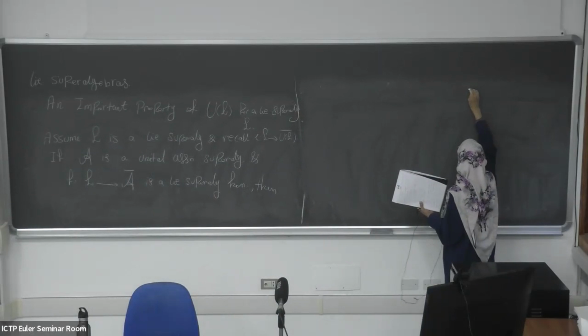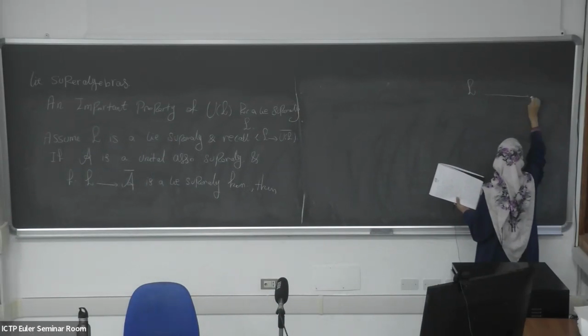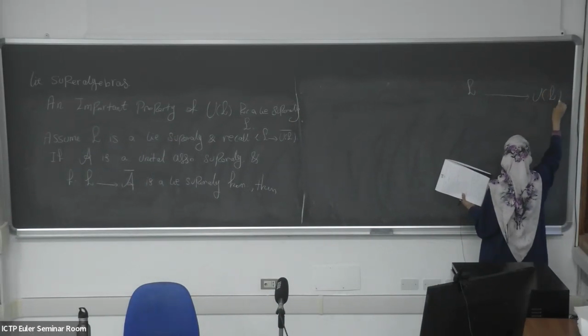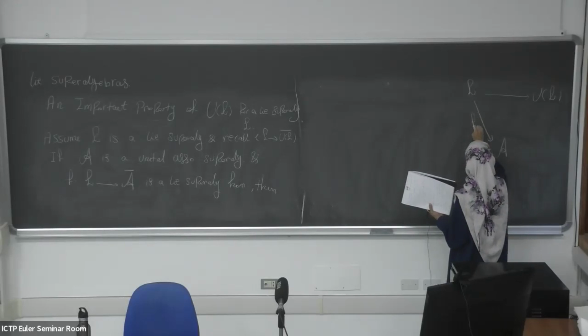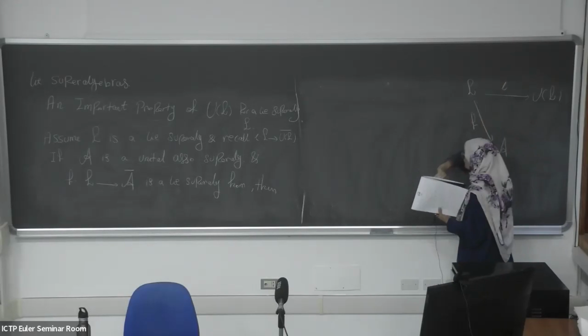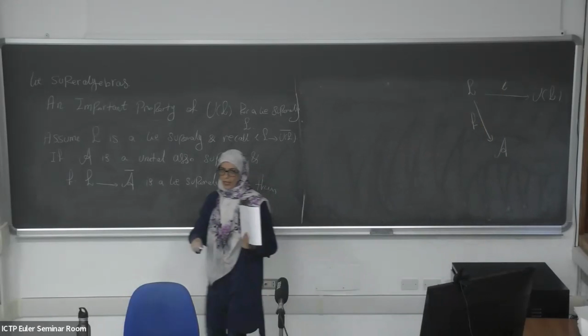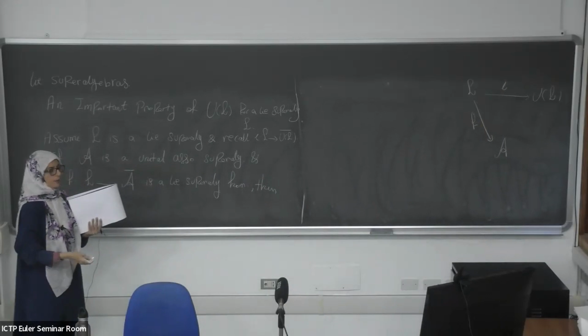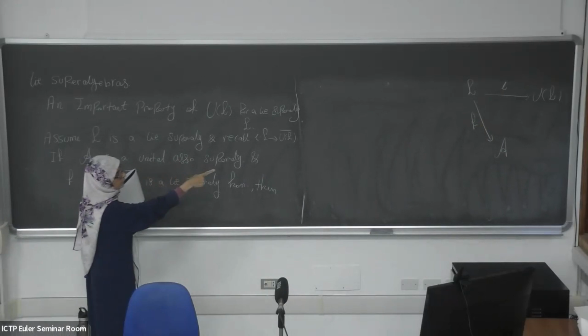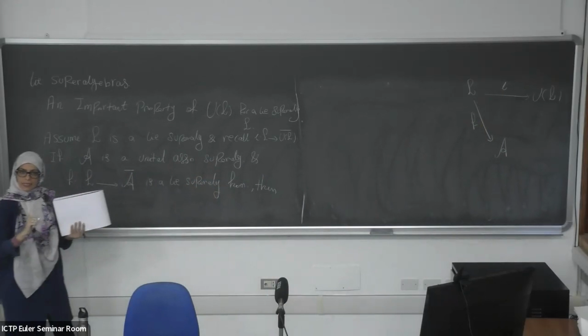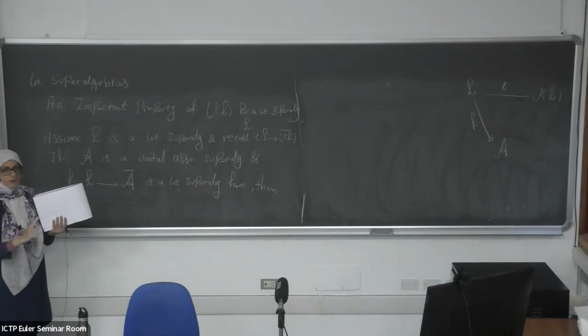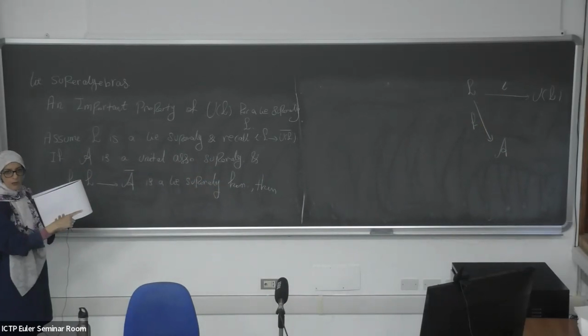We have L here, we have UL here, we have A here, and F here, and iota here. And you can guess what will happen. We have a map from L to A, but this map is a V superalgebra homomorphism from L to A bar.